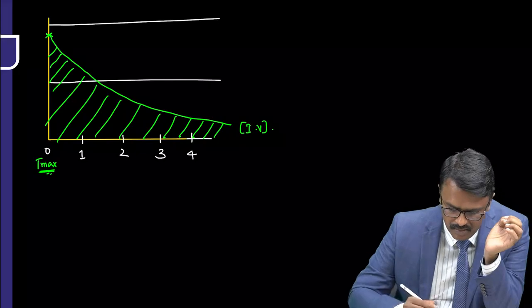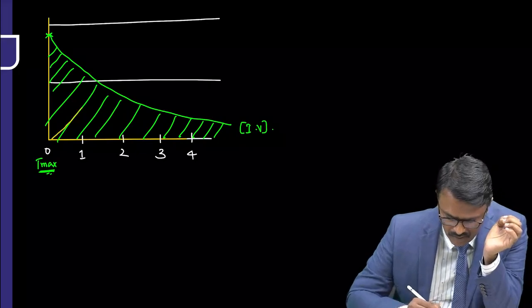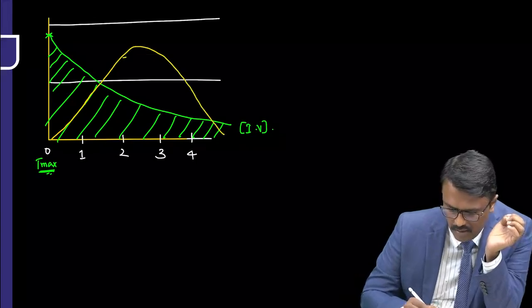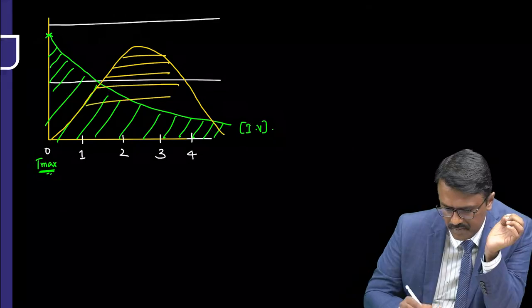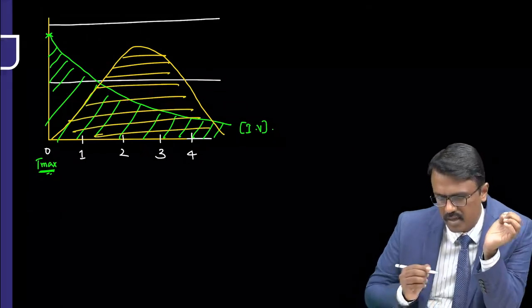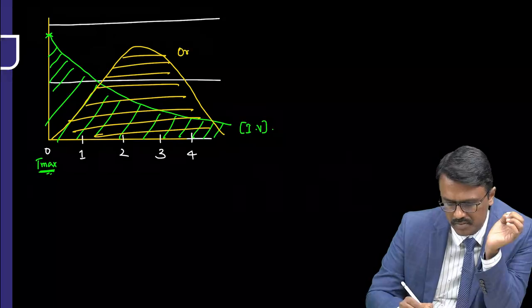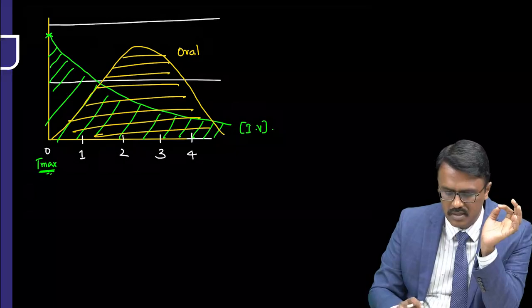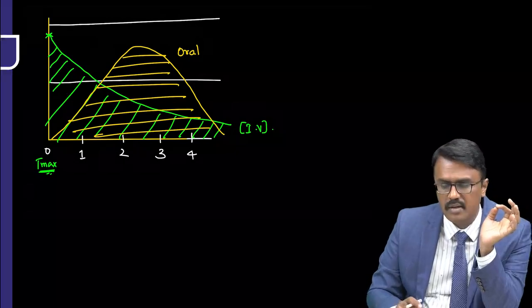Now if I give the same drug orally, you get one more graph like this. So this is the graph for the oral route, and I will mark it like this. This is the area under curve for the oral route. Sir, what advantage do we take of this? This is used to calculate the bioavailability.